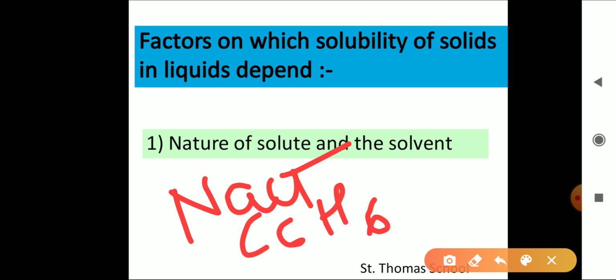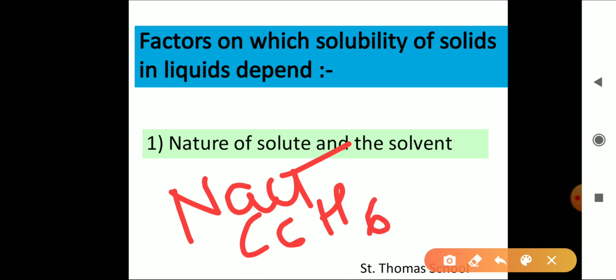Suppose we take the example of salt. It is going to be readily soluble in water because salts are ionic solutes, and those ionic solutes get dissolved in water. Now sugar is also soluble in water. Salts get easily dissolved in water compared to sugar.